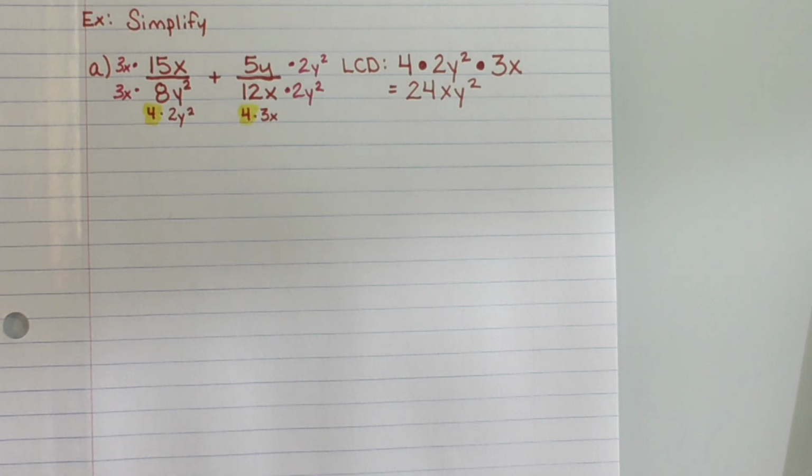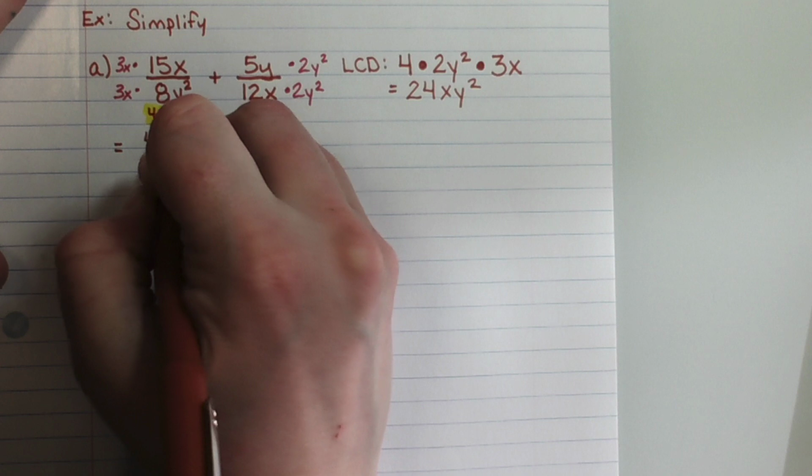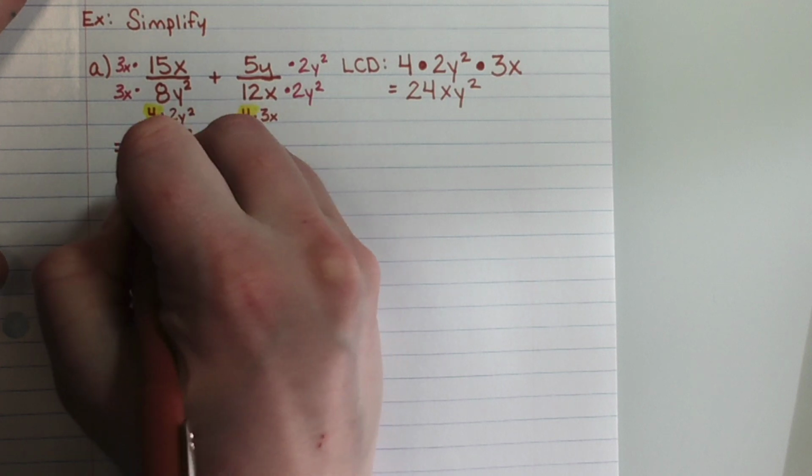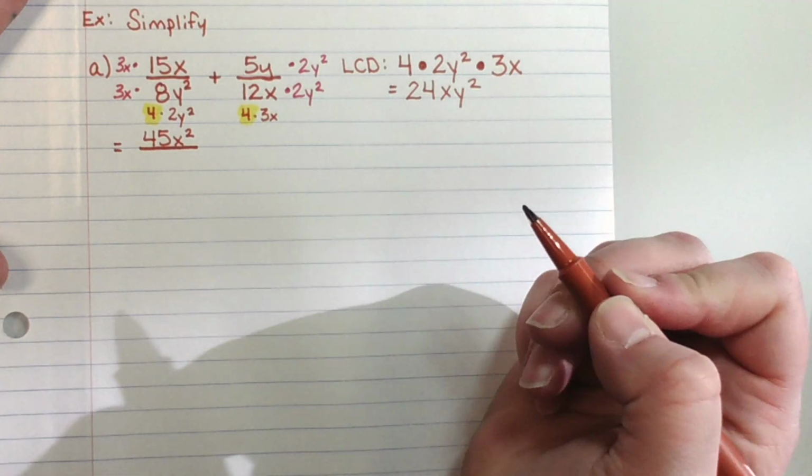What is 3x times 15x? 45x squared over 3x times 8y squared should be 24xy squared, is it?